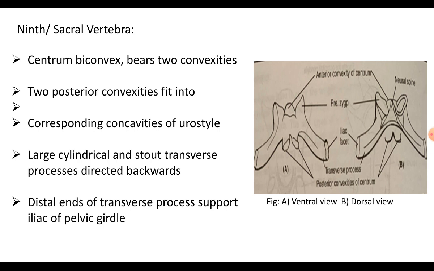In the ninth vertebra, the transverse processes are large, cylindrical, strong, and stout, and they are directed backward, articulating with the ilia of the pelvic girdle, where the neural spine is greatly reduced and the pre-zygapophyses are well developed, but the post-zygapophyses are absent.